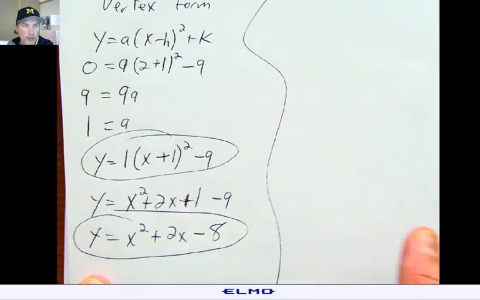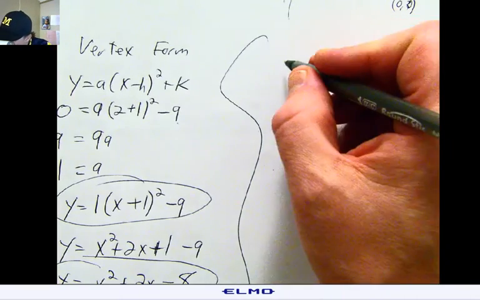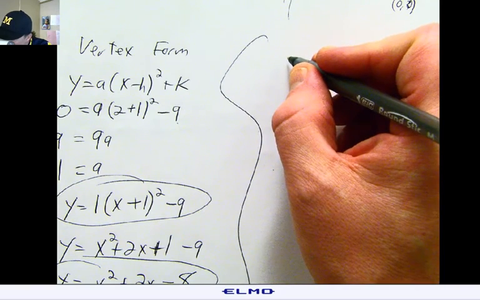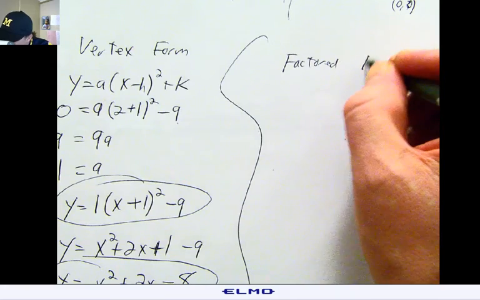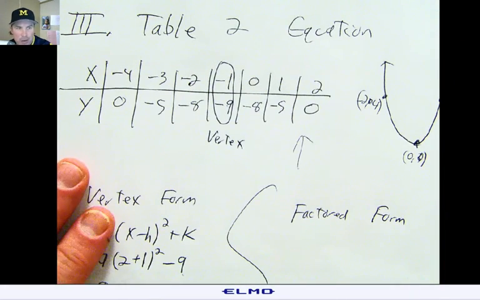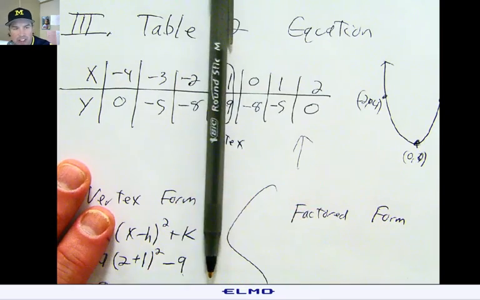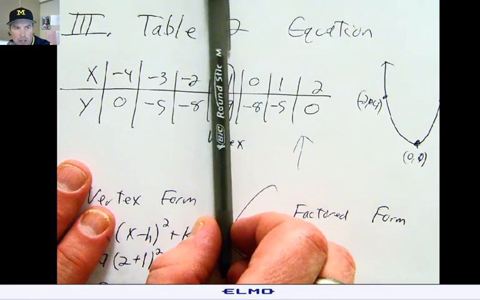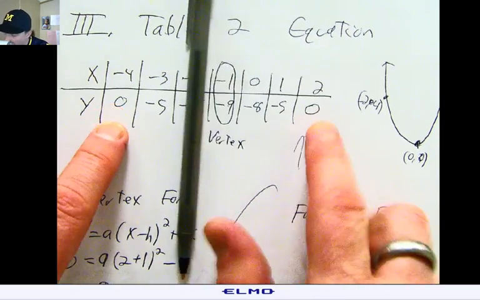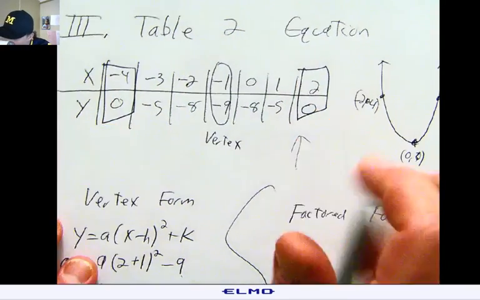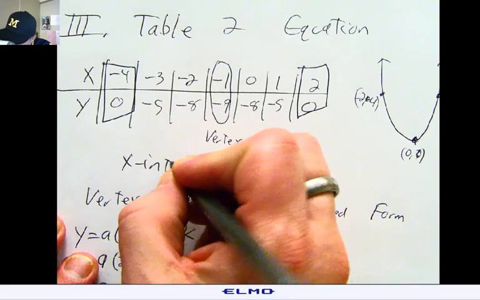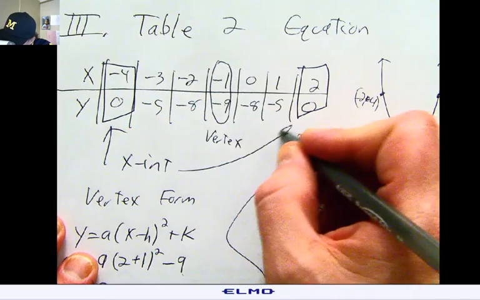You could also do this problem using factored form. Because when I look at this table, if I didn't notice the vertex, I do notice that these are the x-intercepts. That is when y is 0. The x-intercepts there and there.